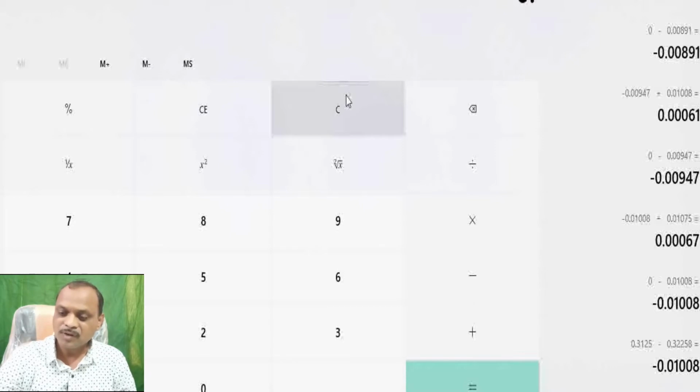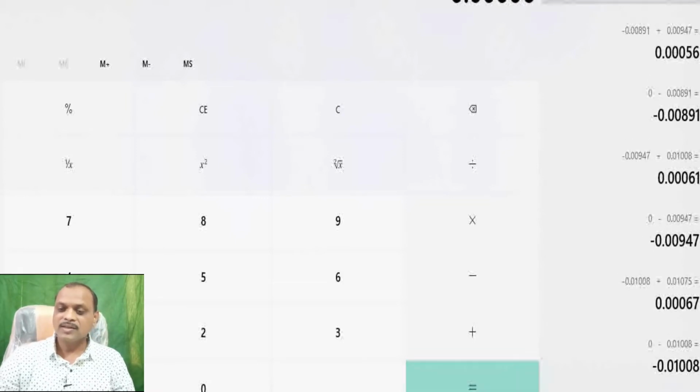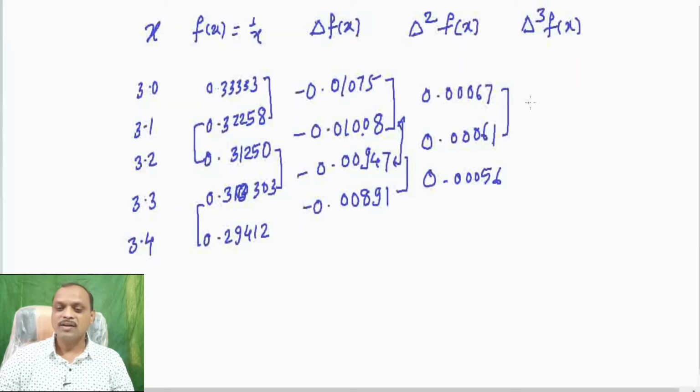0.00061 minus 0.00067, and it will be minus 0.00006. Let us write this value here, minus 0.00006, and the difference of these two, again it will be minus.